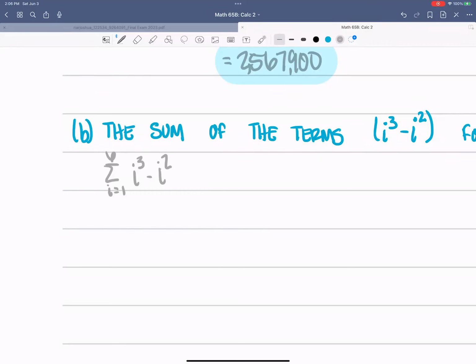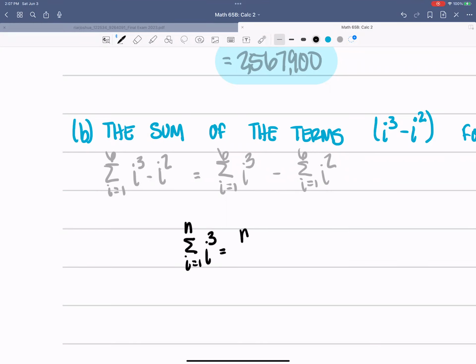So we could break these up into 2 different summations. The sum of i going from 1 to 6 of i cubed minus the sum of i going from 1 to 6 of i squared. So one more introduction, we have the sum as i goes from 1 to n of i cubed.